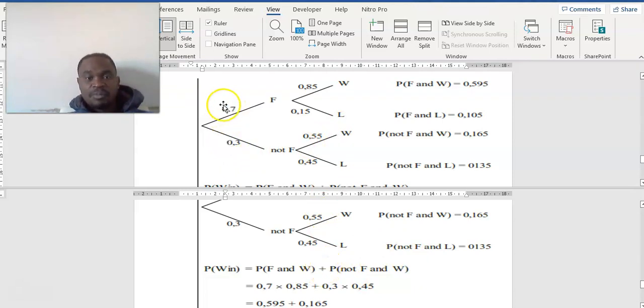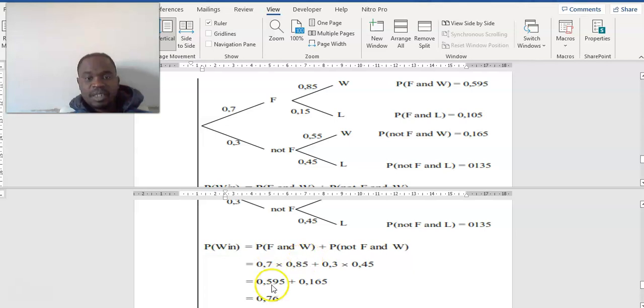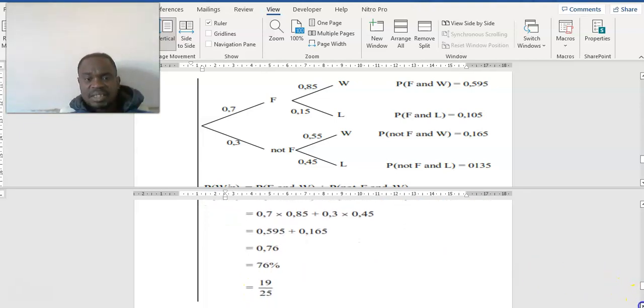So the players may be fit, which is 0.7, and win, which is 0.85, or, where or means plus, the players may not be fit, which is this one, and still win, which is 0.55. If you multiply this and this, you get this one, plus this and this, you get this one, which will give us 0.76. Okay, and 0.76 is what? 76%.